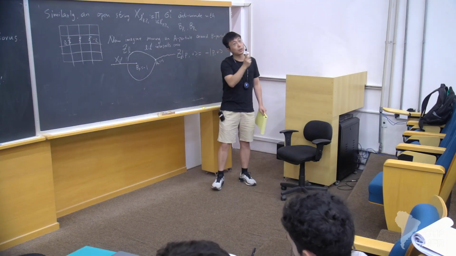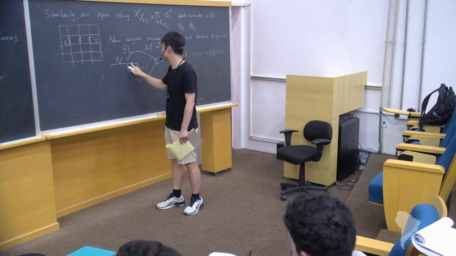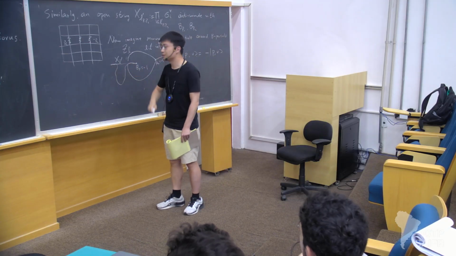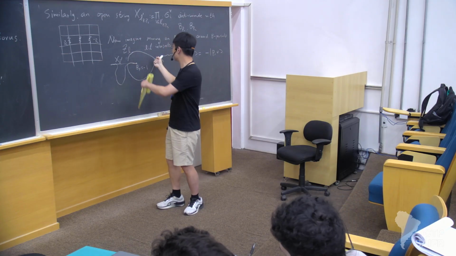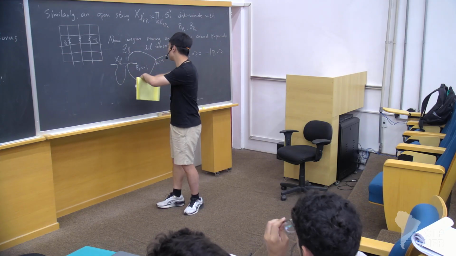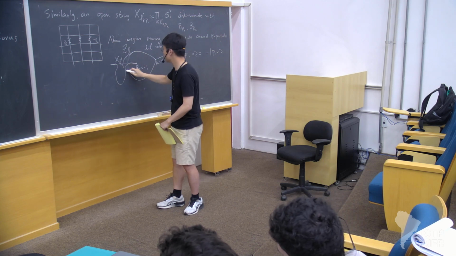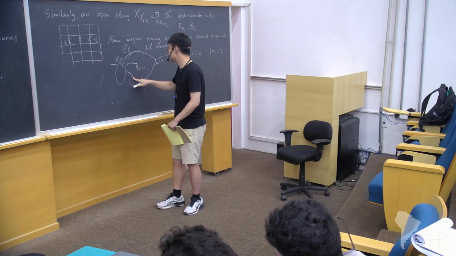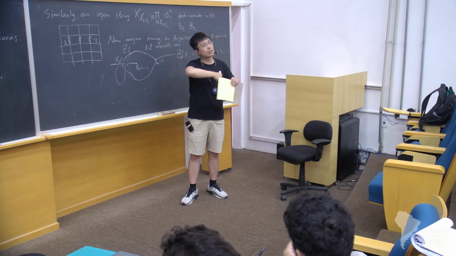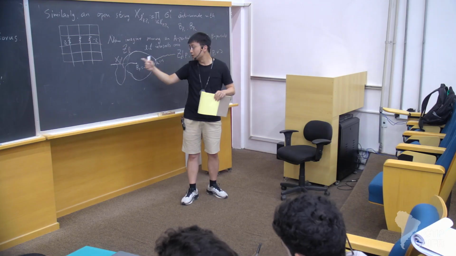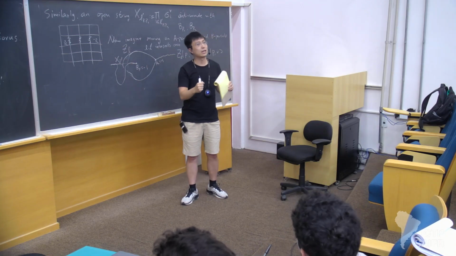And by the way, this is a robust statement. When I define the particle here, I could have drawn the other loop in a different way, and this operator that I use to move the particle around doesn't have to look like this. It can look like this, but it doesn't really matter as long as I'm moving one particle around the other and return to the same position. These two loops have to intersect an odd number of times.